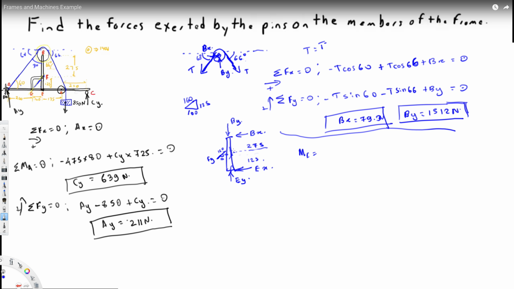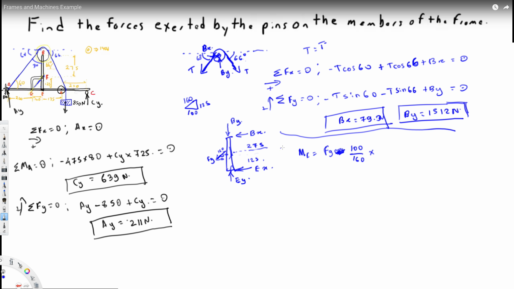If I take moment around E, I will get rid of all these things, and for Fg I have to take Fg cos theta. Fg sin theta is not going to make any moment because it's exactly in the same direction. Fg cos theta will make a moment. Instead of cos theta I can write adjacent over hypotenuse, so it's going to be Fg times 100 over 160, then it's going to be at 125 height, and it's acting counterclockwise, right?